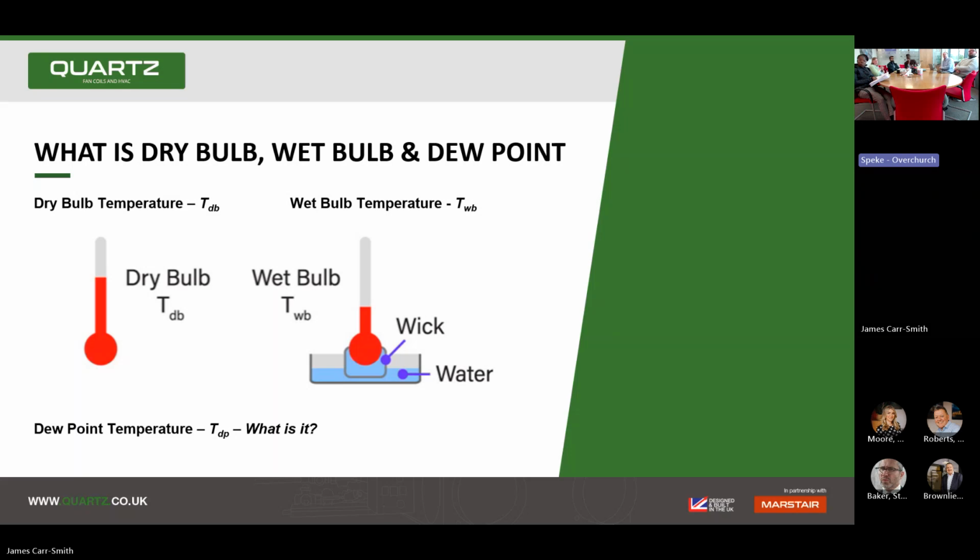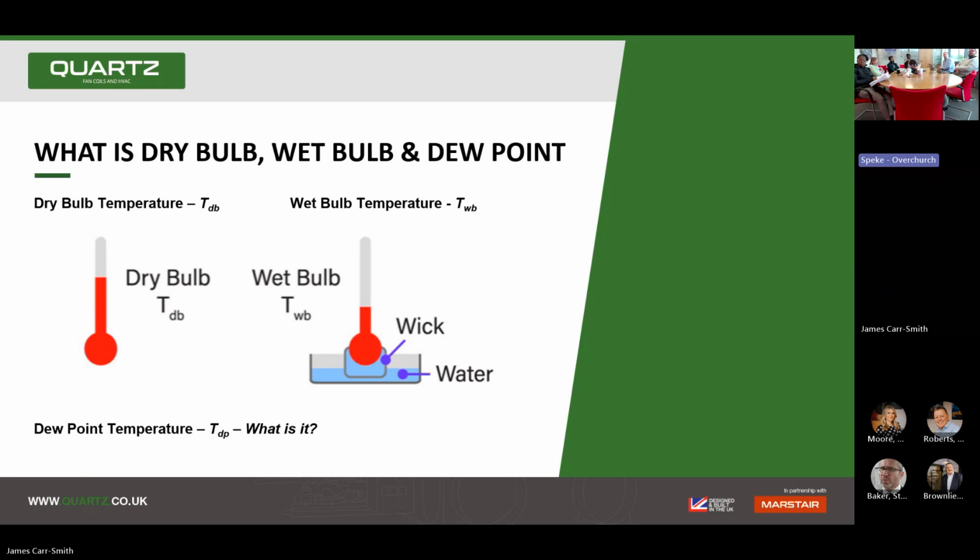Dew point is the temperature at which you create condensate. Typically on a fan coil, we work at the typical UK office standard conditions, at 23 degrees, 50% saturated.